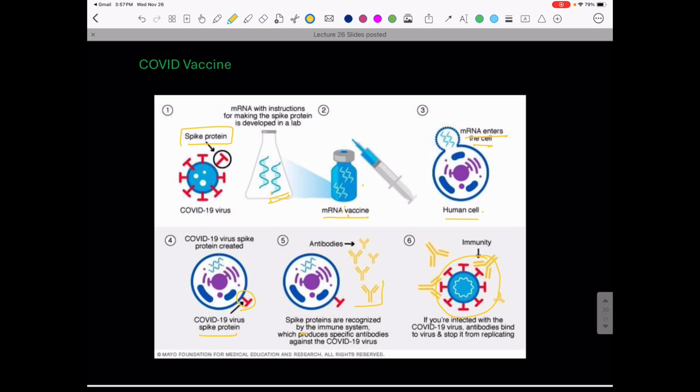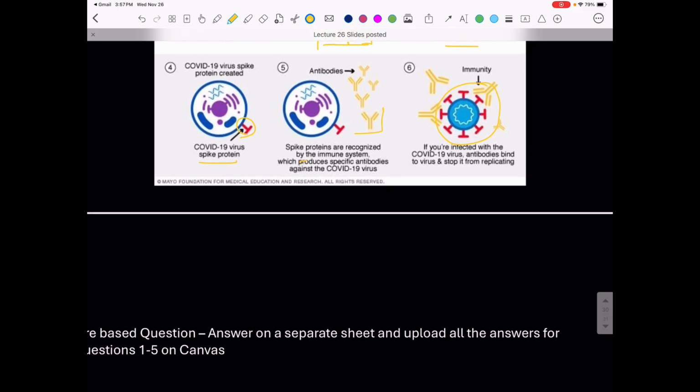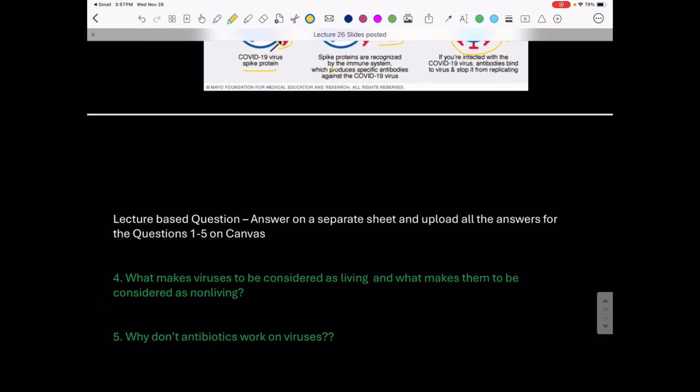So this is how the COVID vaccine works. It's an mRNA vaccine. The mRNA is the sequence responsible for the spike protein, and that triggers antibody formation in the body, and thereby it keeps the immune system active enough not to let the infection spread inside the body.